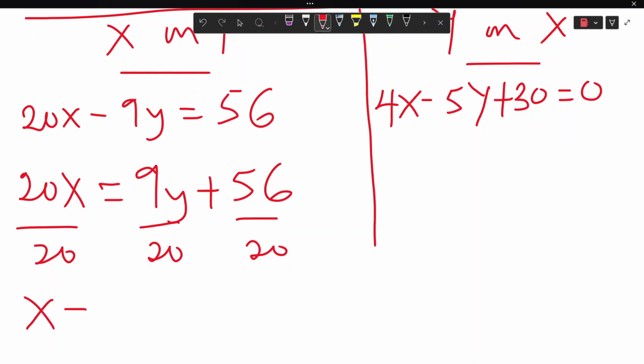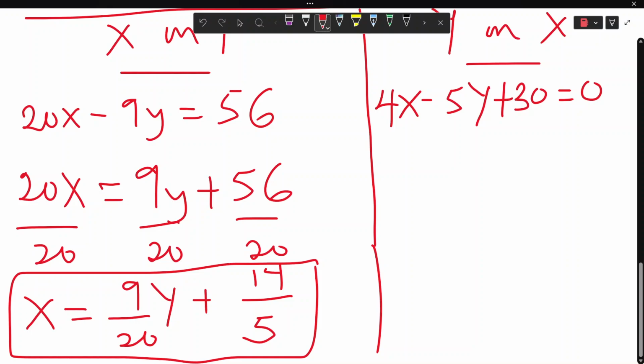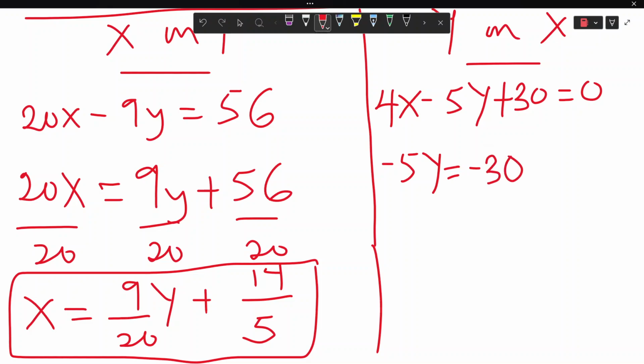Now x is equal to 9 over 20y plus 56 divided by 20, which is giving us 14 over 5. So this equation, y on x, we have negative y is equal to negative 30 minus 4x.